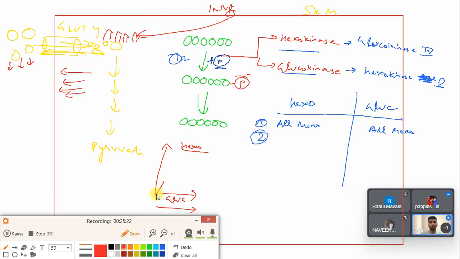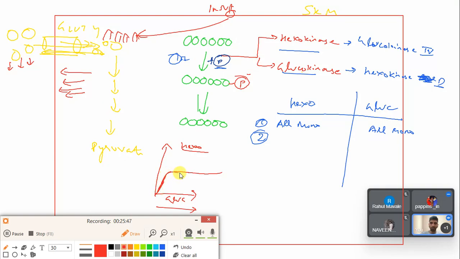If the amount of glucose is increasing, the activity of the enzyme is increasing, and then it goes like this. So when glucose is low and then gradually increasing, the efficiency of this enzyme to phosphorylate glucose to glucose 6 phosphate keeps on increasing.